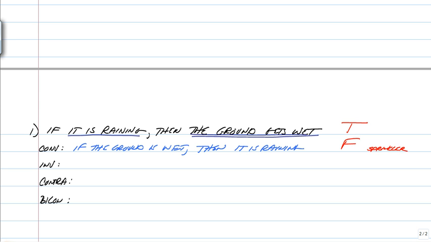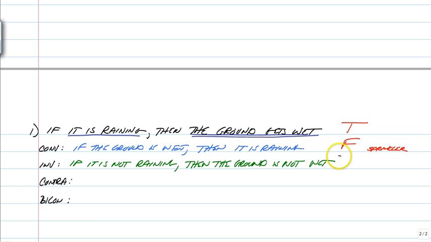So now let's go take a look at the inverse. The inverse says, if it is not raining, then the ground is not wet.